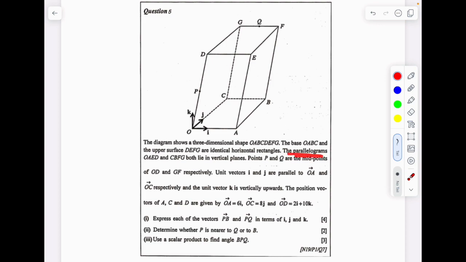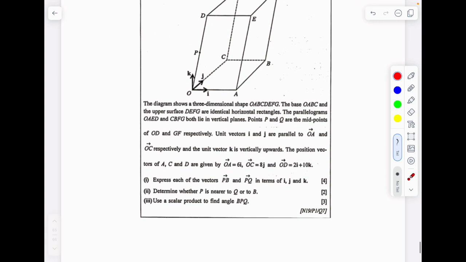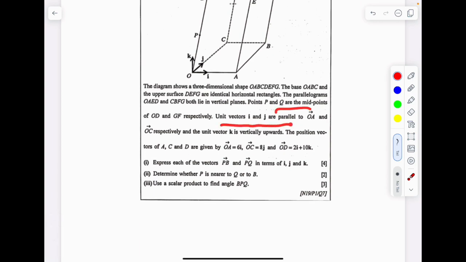And the parallelograms OAED and CBFG lie in vertical planes. Got some midpoints, okay.